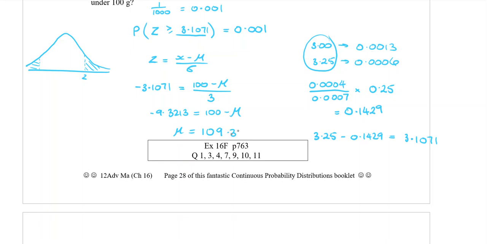That's probably way too many decimal places. Maybe I should just go to 109.32, or what, 109.3213, sorry, grams, but I've just rounded to 2 decimal places. Okay, so that would have to be the average weight of the bar if you wanted to make sure that less than 1 in 1,000 were under your advertised 100 grams.